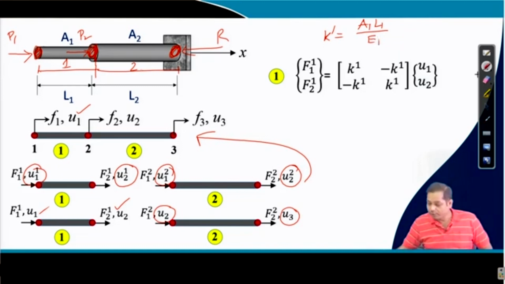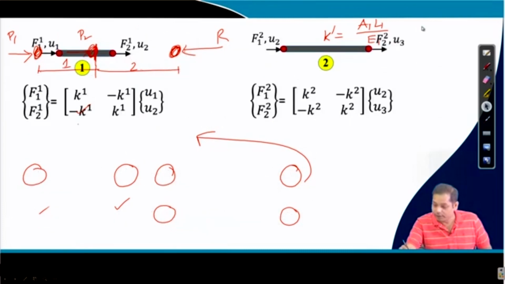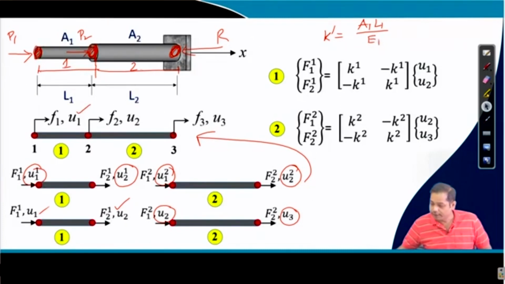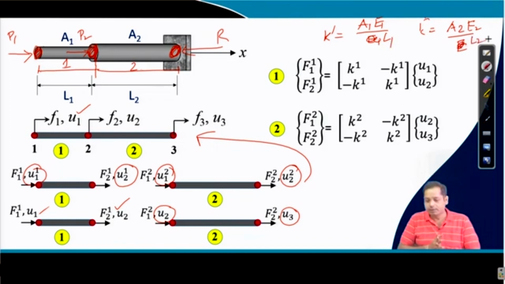And similarly, the expression of K2 will be A2 E2 by L2. So these will be the expressions. This is the element level equations we have.